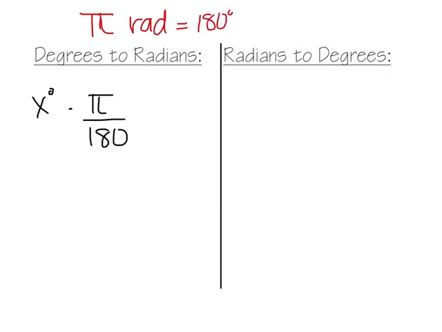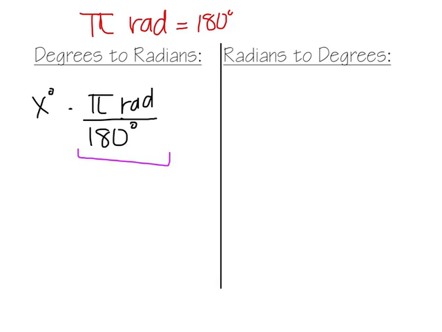So I'm going to put my units on here, say this is pi radians, except I'm going to abbreviate it as rad. And then my units on the bottom I'm going to put degrees. So this is no different than taking something from inches to feet or feet to inches. This is just my conversion factor.